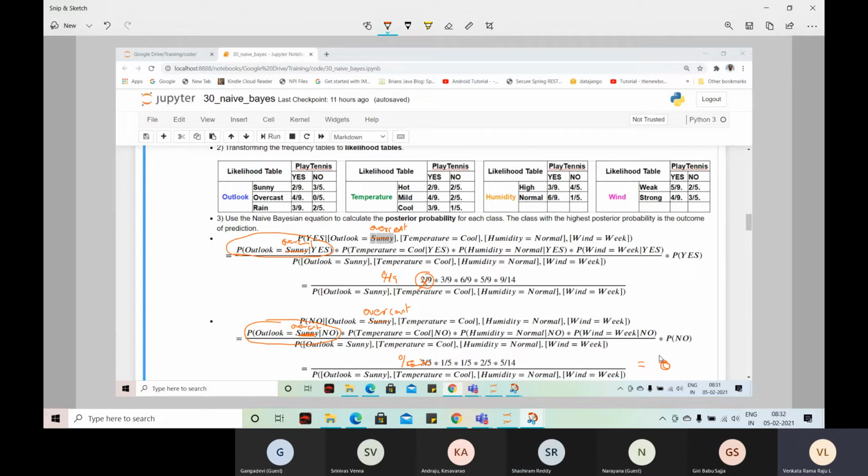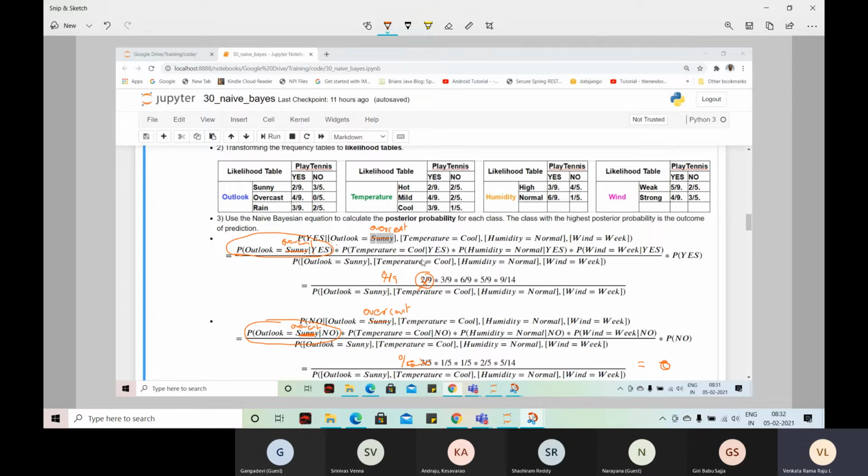This is a problem. To solve this problem, there is a concept called Laplacian correction. We are using the naive assumption because the total combination may not be present in the data.